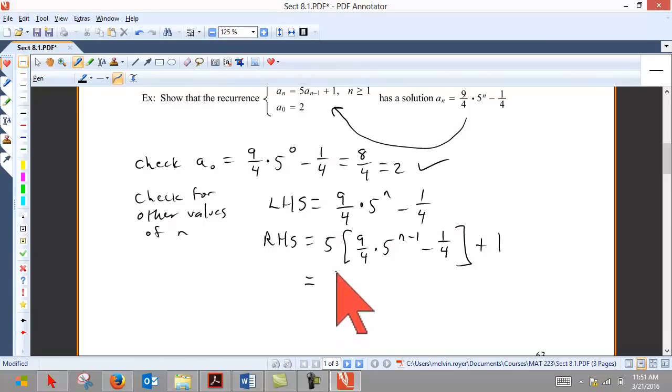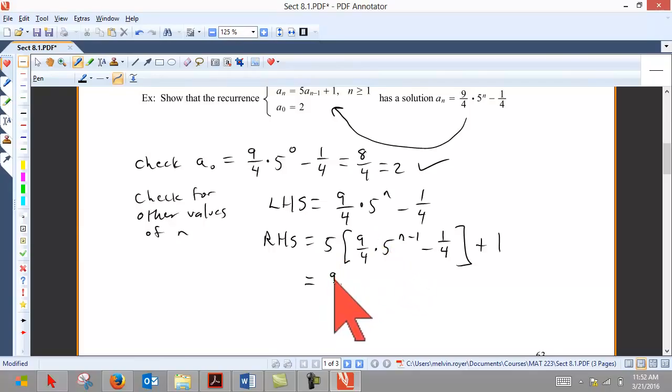So first, let's distribute the 5 through the expression in brackets. And what happens here? I have a 5 times this first term. It's a 5 to the 1 times a 5 to the n minus 1, so the exponents add, right?